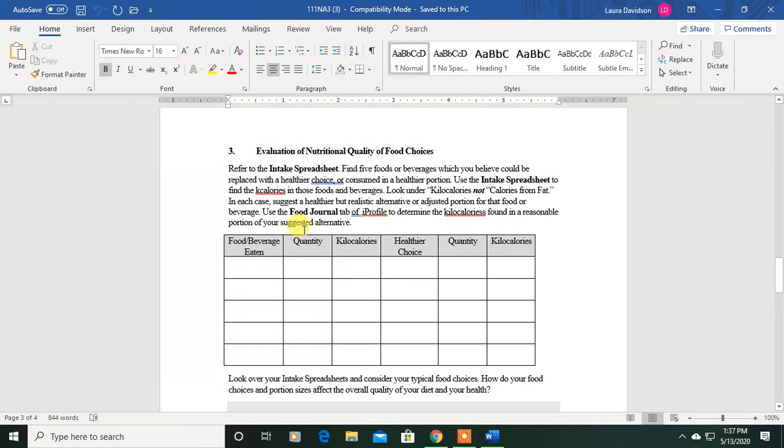You're going to examine your 3-day journal from Unit 1, and you're going to choose foods or beverages that you either think should be substituted with something healthier, or the portion should be changed.